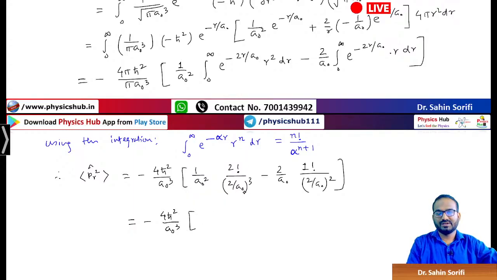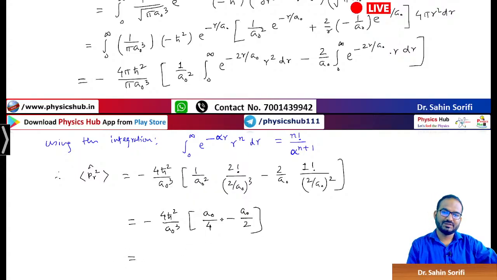Here you see a naught cube and a naught square, so what you are left with is a naught by 2 by 8, that is 4, minus a naught by 4.